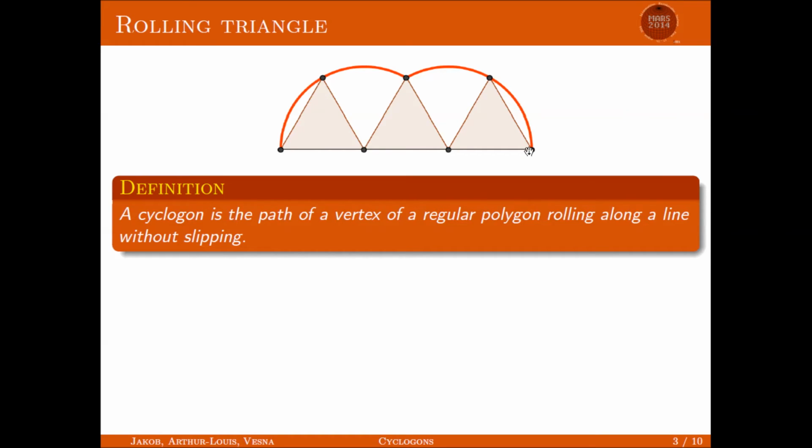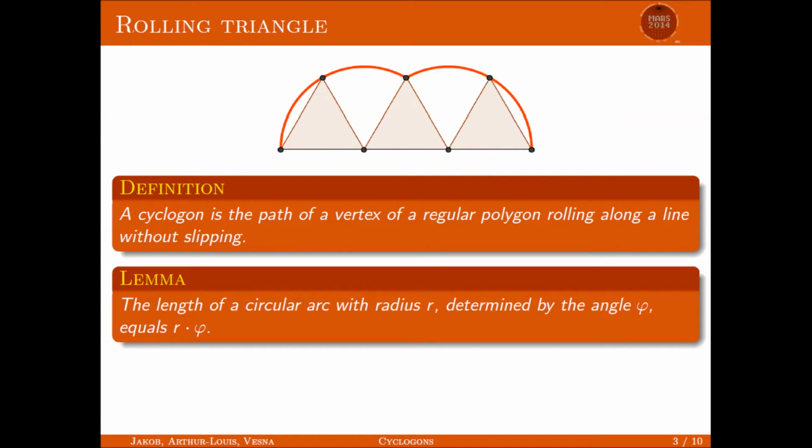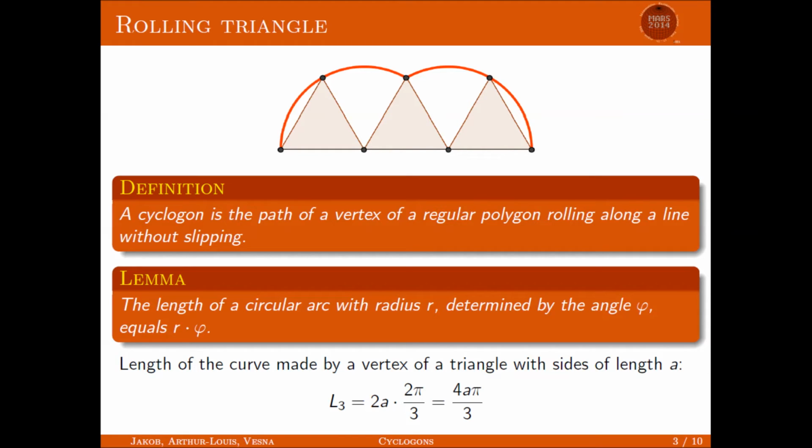We also note that these angles are all equal to 2π/3. Let us remind you that the length of the circular arc with radius r, determined by the angle φ, equals r times φ. Using this, we can calculate the length of the cyclogon made with a triangle with sides of length a equals 4aπ/3.